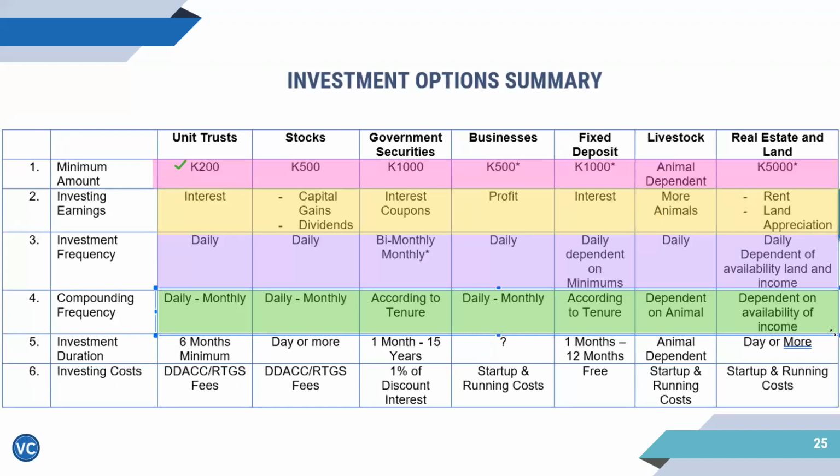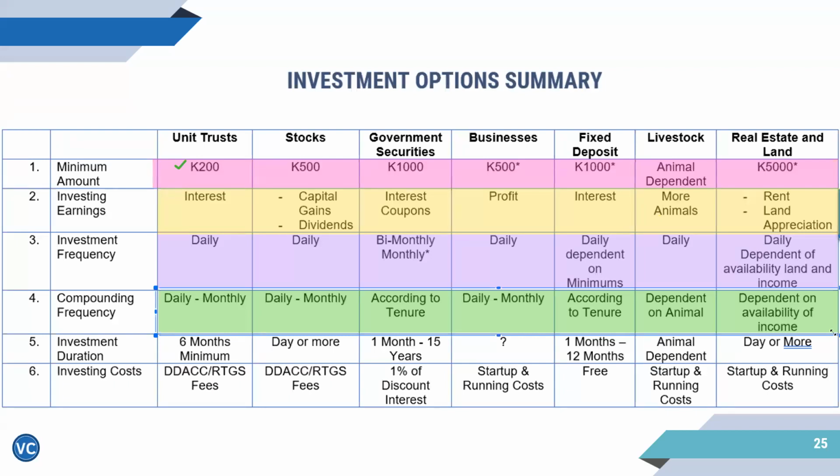And the way you know when these things compound is when you understand the investment option. For example, unit trusts can compound daily or monthly because you are always investing on a daily basis and adding on top of what was already there. So the issue with compounding is you need to add on top of what was already there and use the interest gained to add on top.